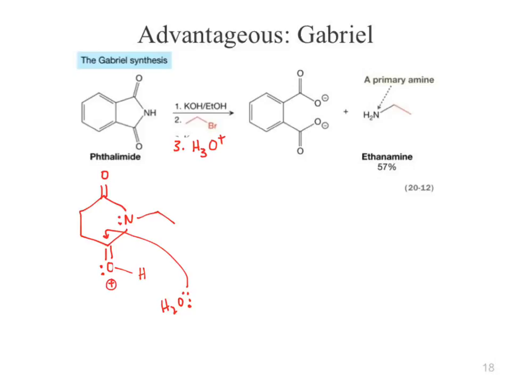Why do they also work under acidic? We've now got a weaker nucleophile, but we've made our electrophile more electrophilic. So you still get the same chemistry, you're just changing around the protonation states through the course of the mechanism. Kind of make sense? Okay.